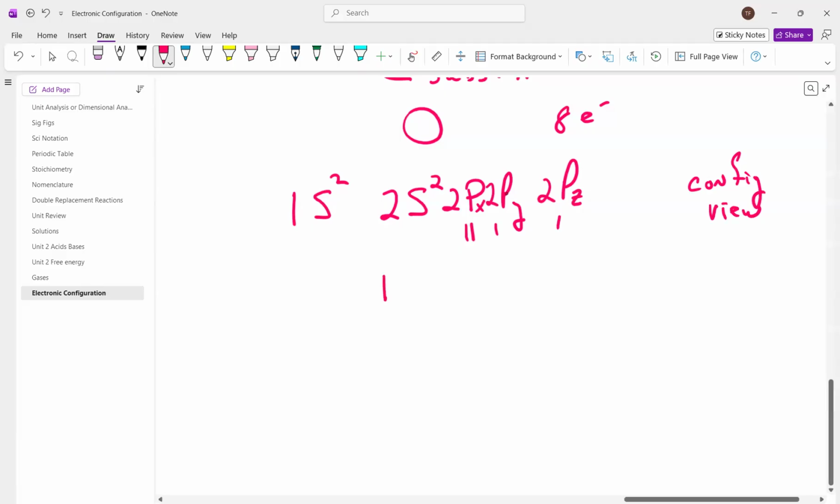That's going to be 1s2, 2s2, 2p4. Now that's the configuration view. We're lumping the X, Y, Z together, knowing that there are 3 orbitals there in that P, but we lumped them all together for the configuration view. There's another view. That's the orbital view.